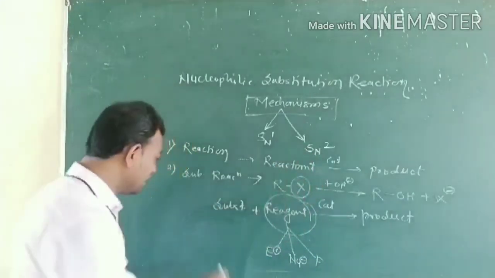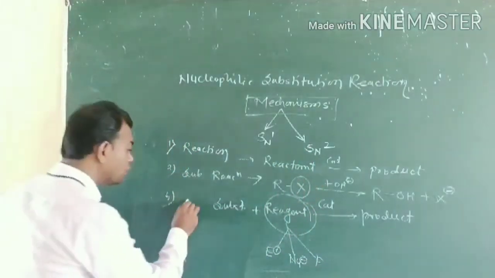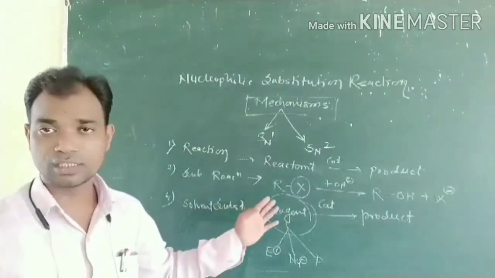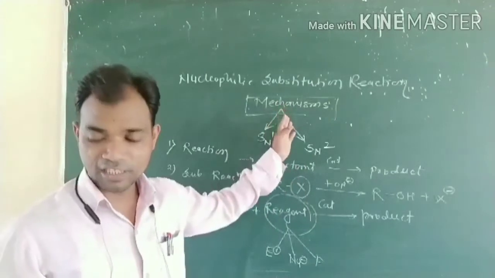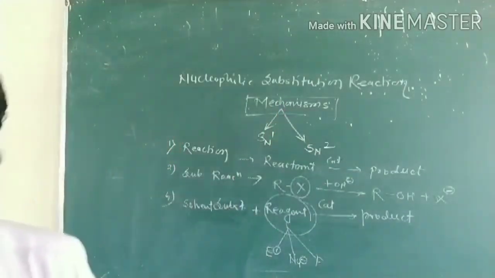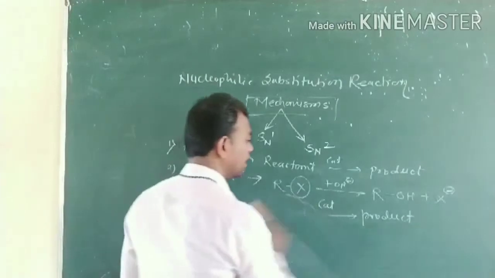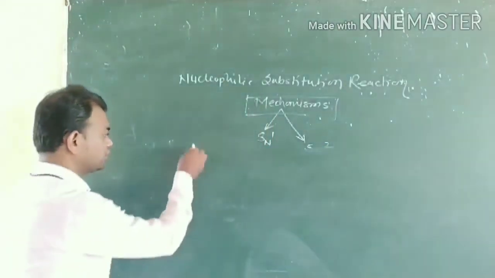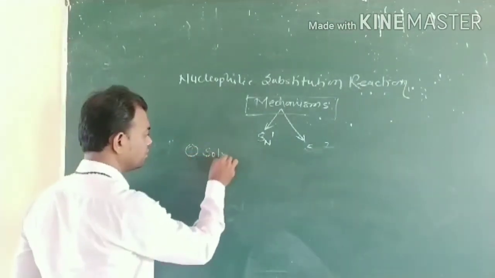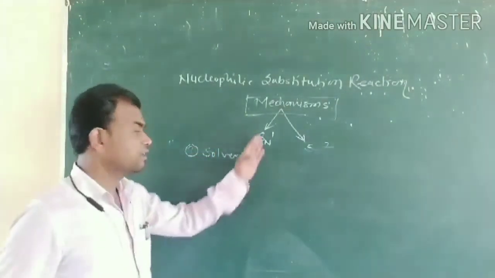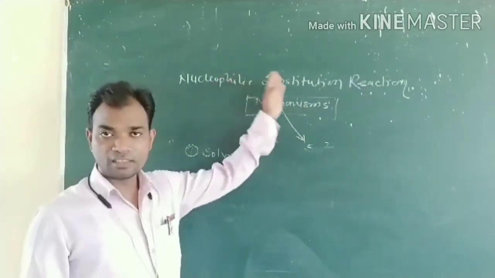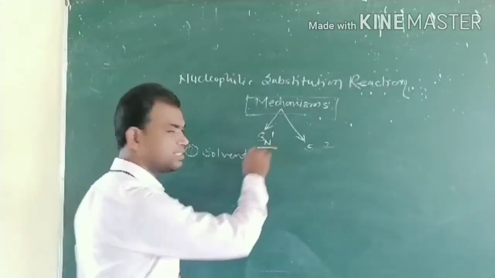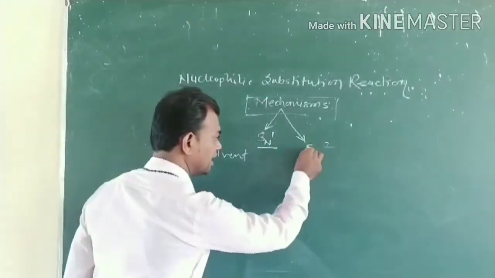Then the next point is the solvent. Which type of solvent is used in SN1 or SN2 type of reaction mechanism in nucleophilic substitution reaction? There are two types of reaction mechanism, SN1 and SN2.